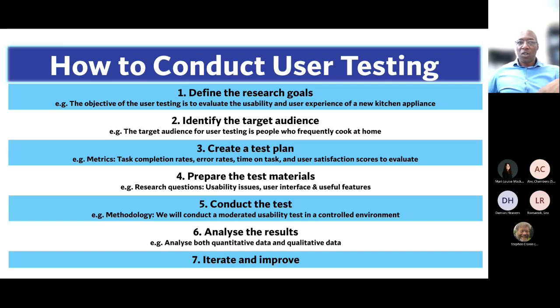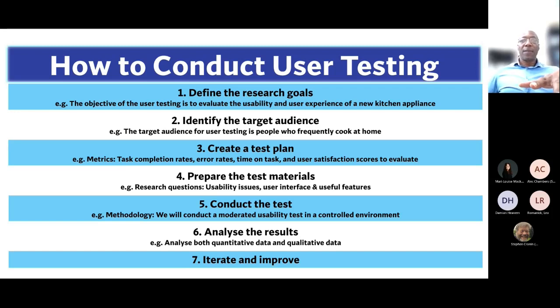Consider factors such as age, gender, location, their interests, and their possible behaviors. For example, the target audience for the user testing is people who frequently cook at home and are familiar with kitchen appliances. We'll recruit 8 to 10 participants to achieve our research goals.